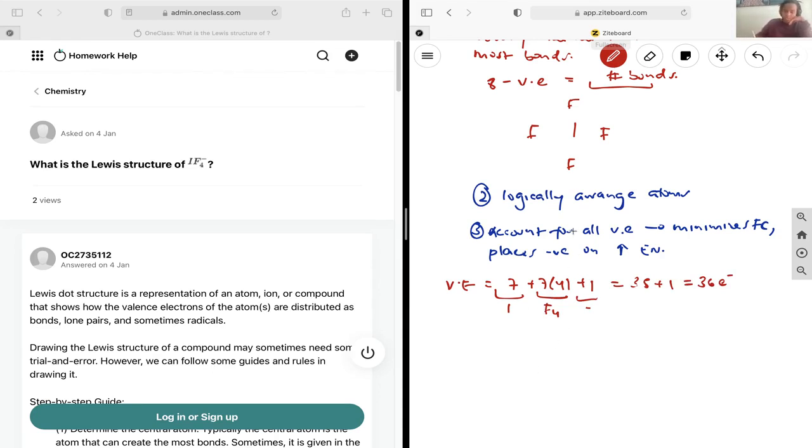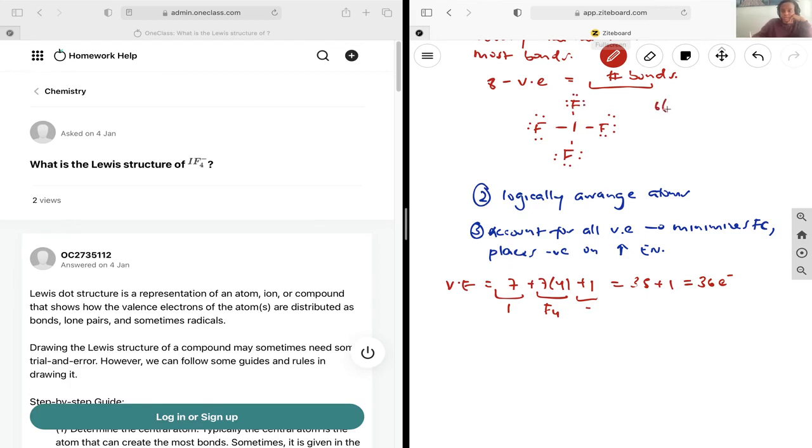Okay, and then, so in our structure, let's go about making single bonds first and filling in any octets. Fill in on the fluorine first. And then let's go about counting our electrons.